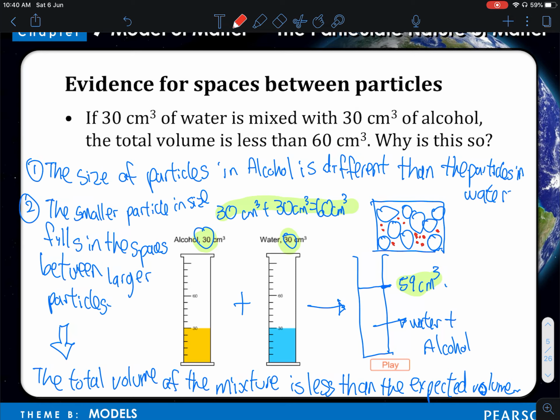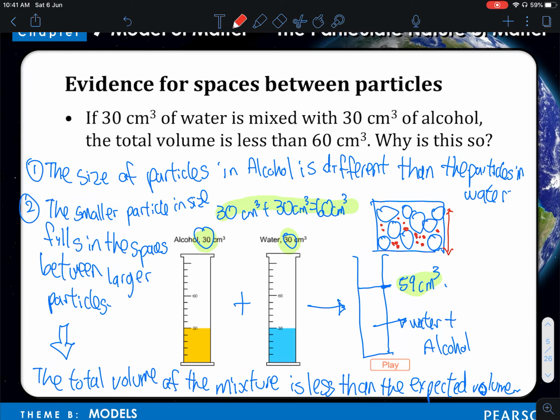Of course, this is not an accurate representation of the particles. This is just to illustrate that the particles can fit into all these small little spaces and yet retain the same volume of the solution. So the total volume will definitely be lesser than the expected volume.